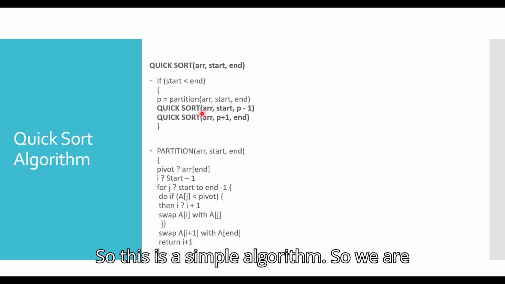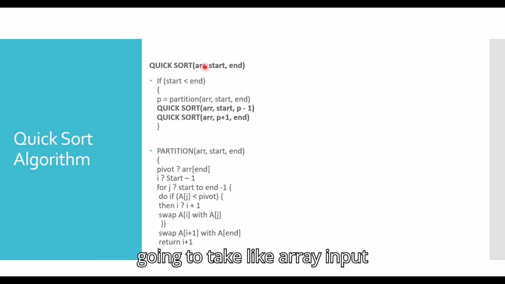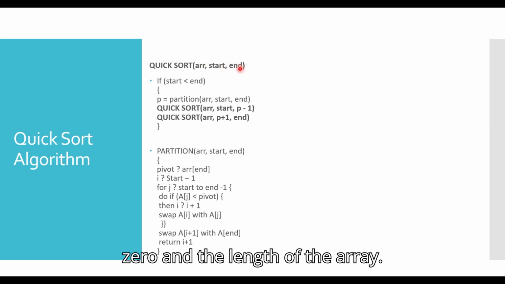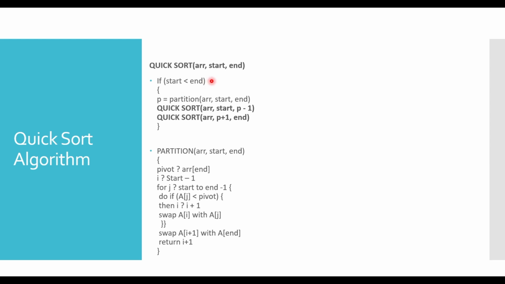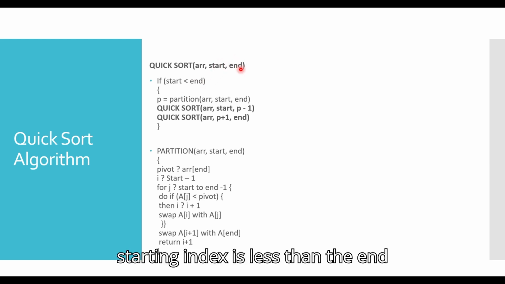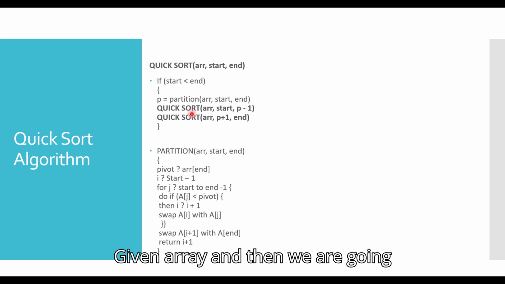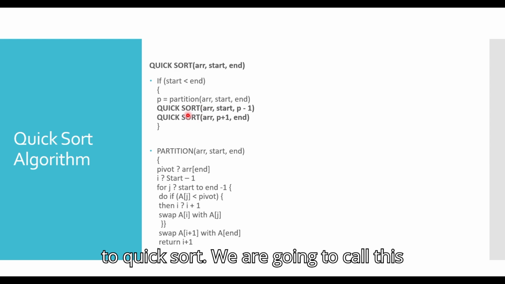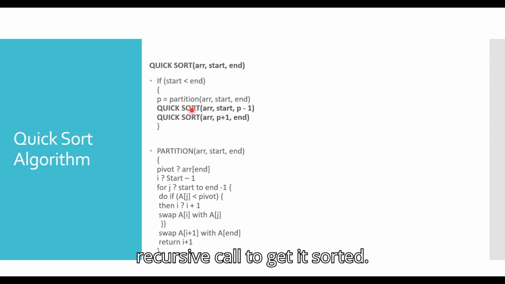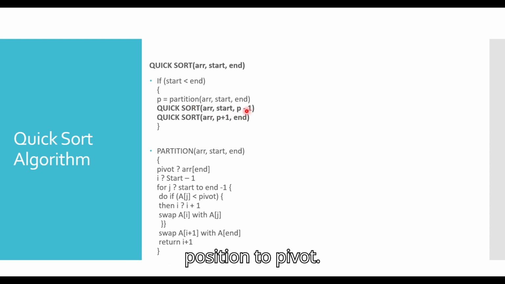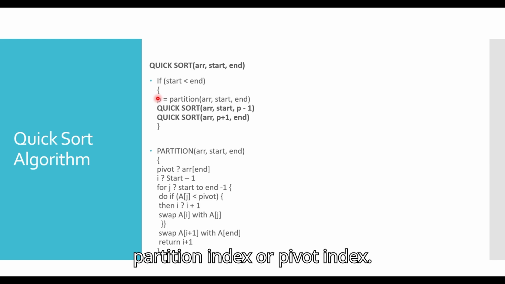So this is a simple algorithm. We take the array as input, with the starting position as 0 and the length of the array. When the starting index is less than the end position, we partition the given array and then call quicksort recursively, first on the array from the starting position to the pivot. Here p is the partition index or pivot index.